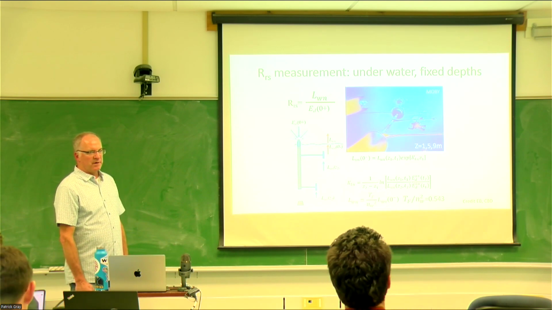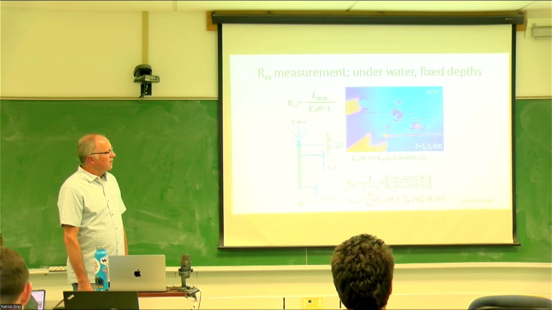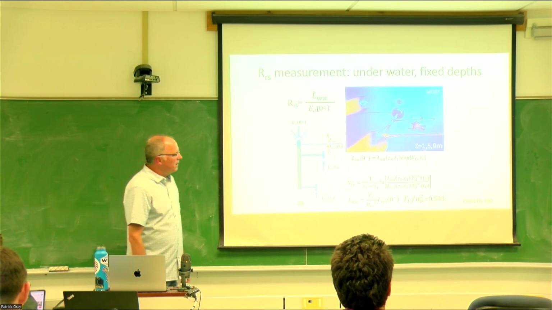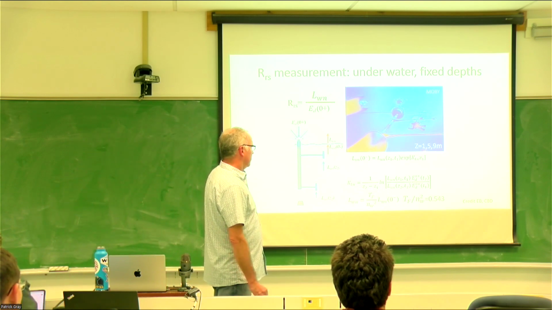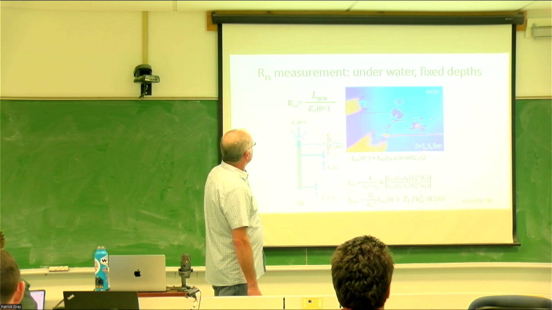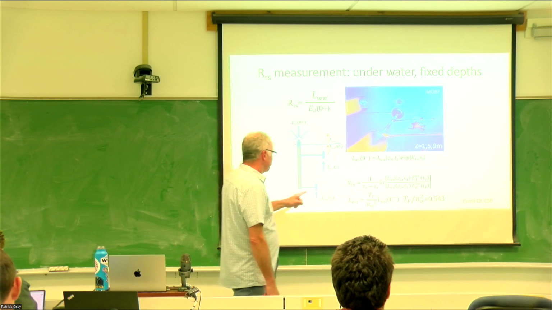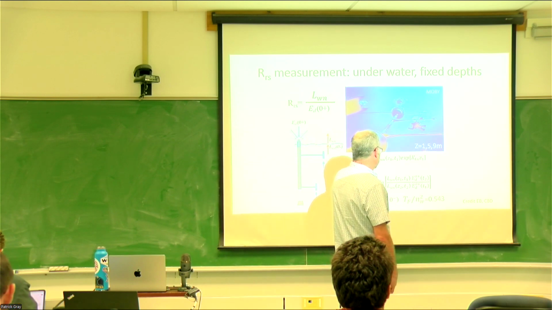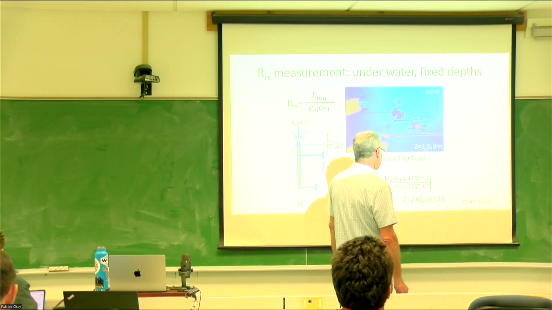Why is the radiance at the two different depths multiplied by the downwelling radiance above the surface in the computation of the Lu?